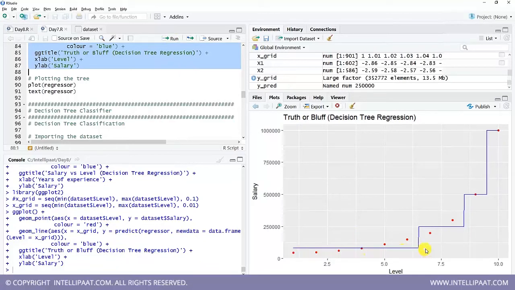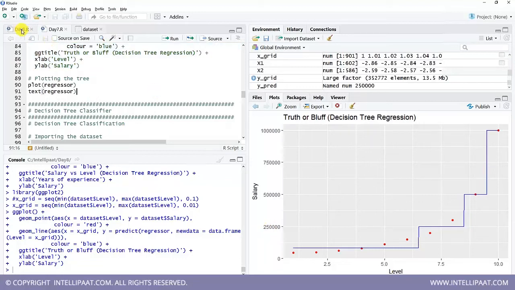We increased the resolution and we got a far better plot. The plot looks okay, but the prediction levels are still worse. For 6.5, it's still around 250K exactly, and to me, it looks absurd.